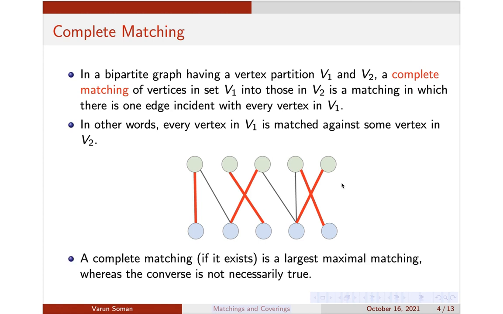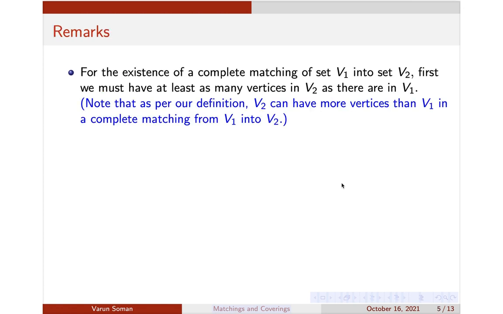So what should be the basic idea for a complete matching? Suppose there are some people in V1 and some jobs in V2. For a complete matching from V1 into V2, all people in V1 should be getting jobs.